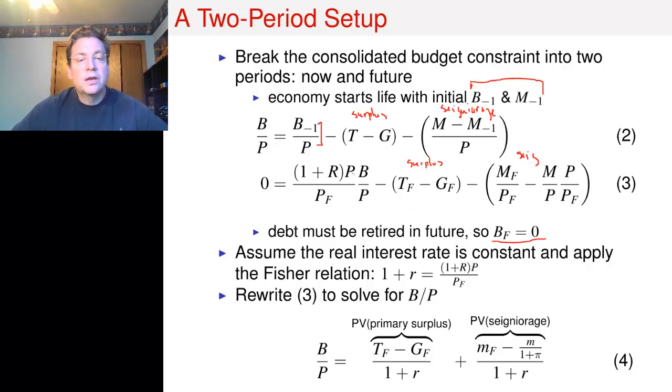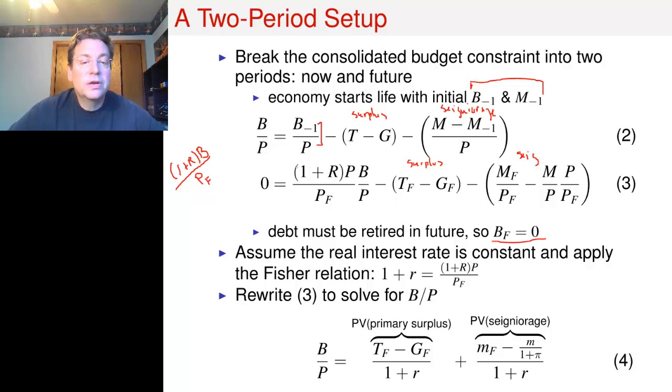And I've written this in a kind of funny way because what's really going on here is, remember, the government's selling bonds that pay interest R. So 1 plus R is the principal plus the interest that the government pays times B, the amount of debt. And that actually gets divided by the price level in the future, because this stuff is all in units of goods in the future.